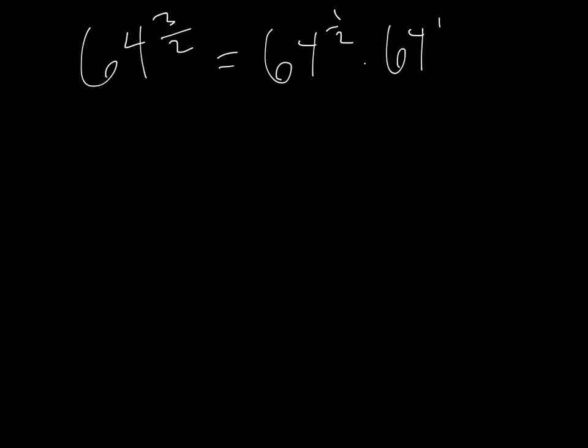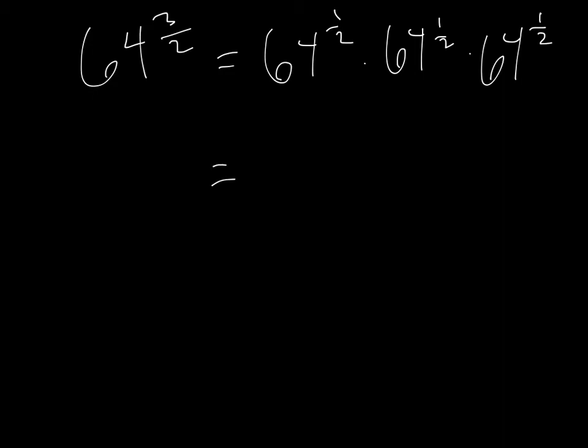One more example, if you have 64 to the 3/2, well, that is 64 to the 1/2 times 64 to the 1/2 times 64 to the 1/2. And again, be careful that you're writing your exponents small and in the upper right-hand corner of the number, right? So that you're not getting confused with multiplying.